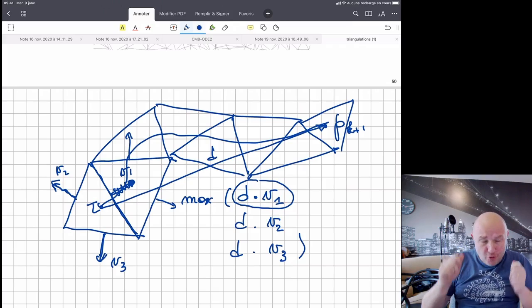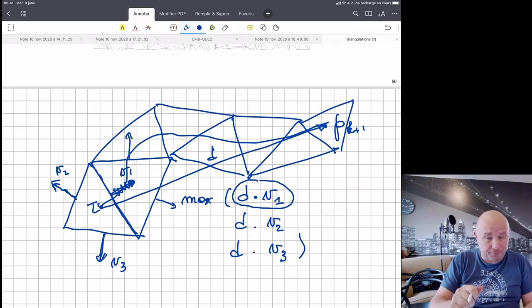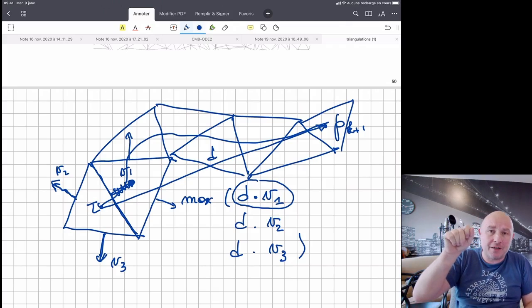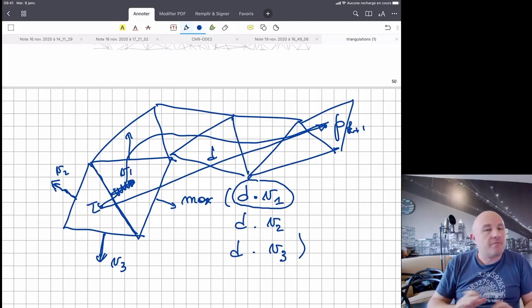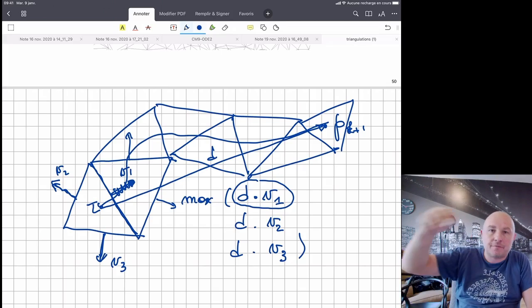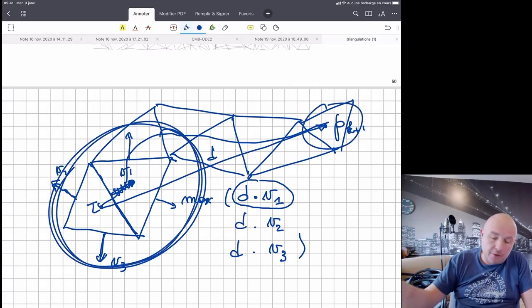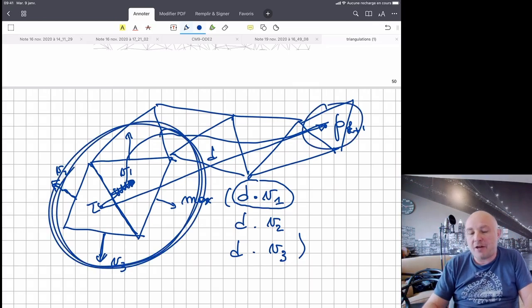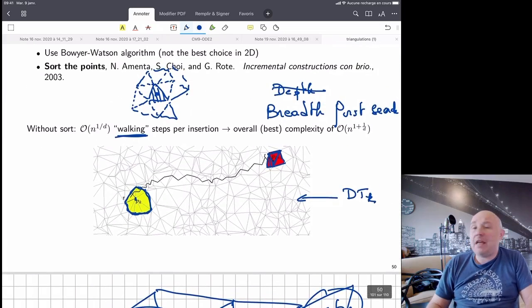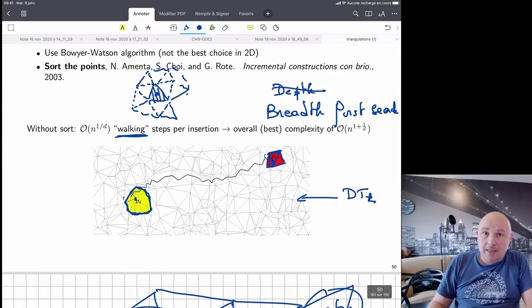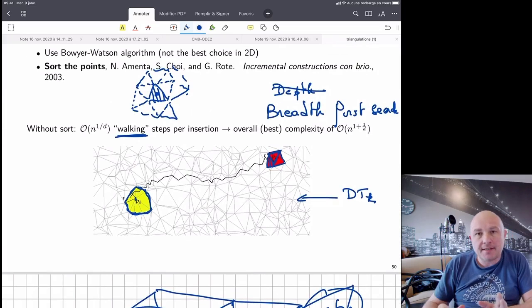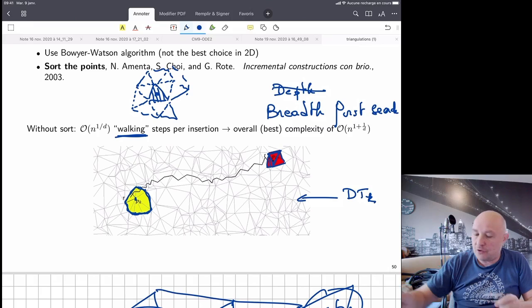If you create really strange triangulations with very small angles, there are simple examples where you can create a cyclic triangulation. It means that you could cycle by yourself and go back, which means you will never find pk plus 1. It never happens. Anyway, even if you don't have a Delaunay triangulation and things may be cyclic, there are ways to do the walk in a robust fashion. So this thing can always be done.